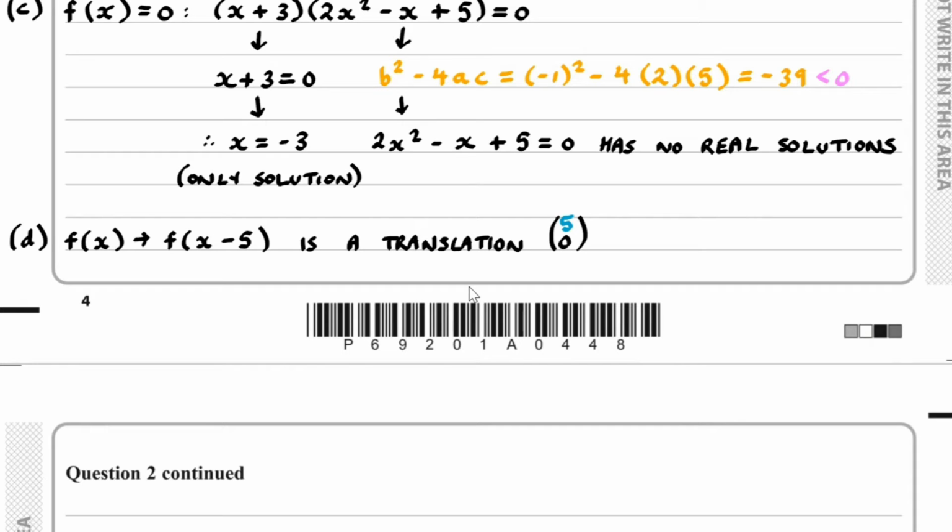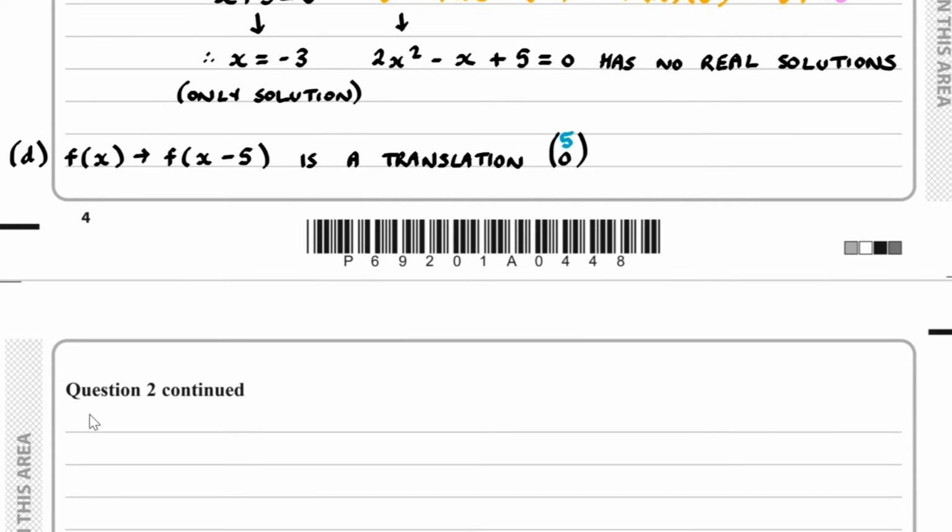And so the way we find the solution to f of x minus 5 equals 0, well, we know for the solution of f of x equals 0, we have negative 3 as our only real solution.